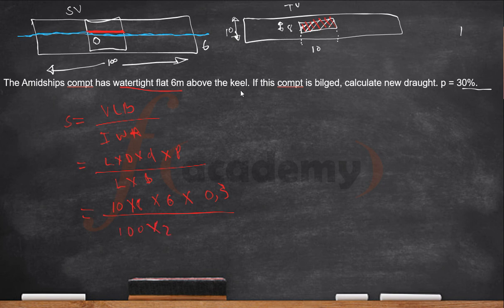If you work this out on your calculator, you should get a sinkage of 0.12. Then again, the new draft is equal to the initial draft plus the sinkage. Your initial draft was 6, plus the sinkage we just got, 0.12. Then our new draft is 6.12 meters. That is our new draft.